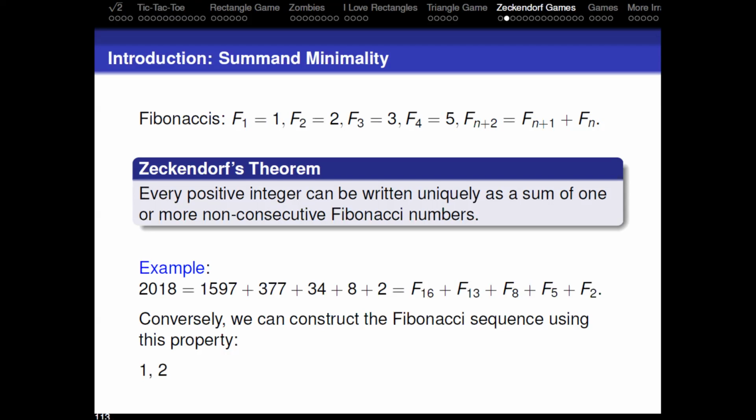So if I start off with 1, if I want to get 2, I have to add 2. Can I add 1 and 2 to get 3? Would that be legal with my rule that I can't have repeats and I can't have adjacent things? No, so I have to add 3. Can I get 4?